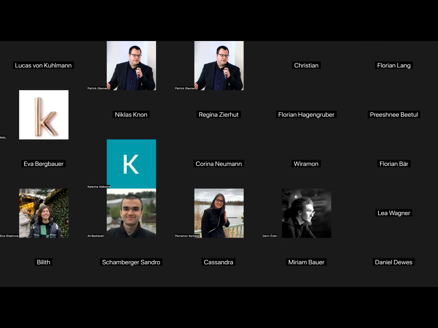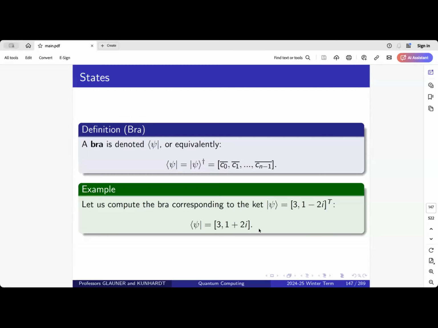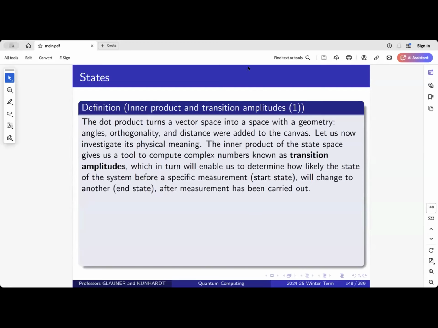Then we'll see what this bra-ket notation in its entirety is actually useful for. Imagine you want to know the transition probability. So you have states and they are transitioning into other states. What we want to measure is how likely it is that the state of a system before a specific measurement, so the start state, will change to an end state after the measurement has been carried out.